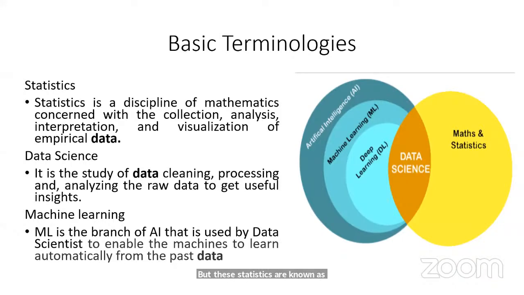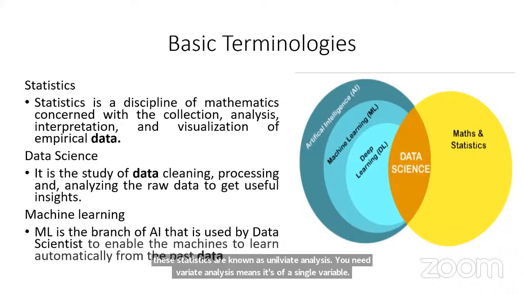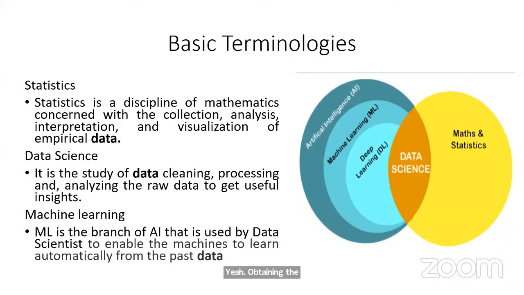Univariate analysis means it's of a single variable. We are obtaining the mean. Mean means we are obtaining the average of a series of numbers. Okay, so statistics is a discipline of mathematics concerned with the collection of data, analysis of data, interpretation, and visualization. Collection means you need a group of data to understand how the data is behaving in particular scenario.